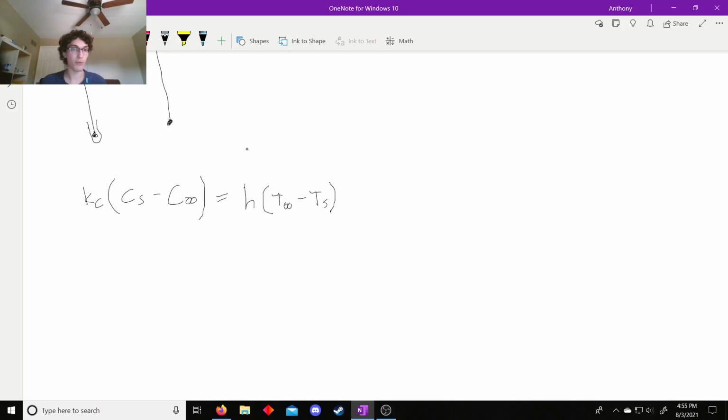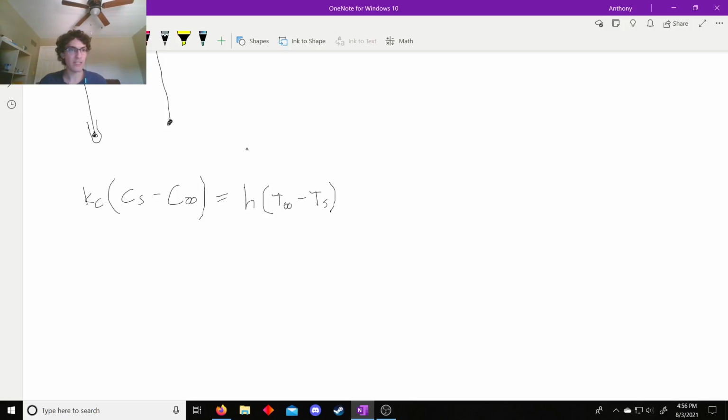So we will keep them both positive and we'll just swap these two. So this temperature difference is going to be our driving force for our heat transfer, multiplied by the heat transfer coefficient. So this is going to be our mass flux away from the surface. This is going to be our heat flux to the surface.